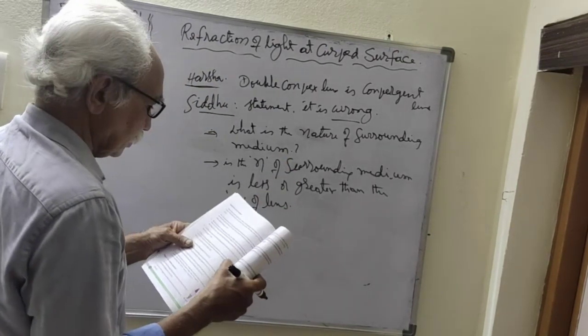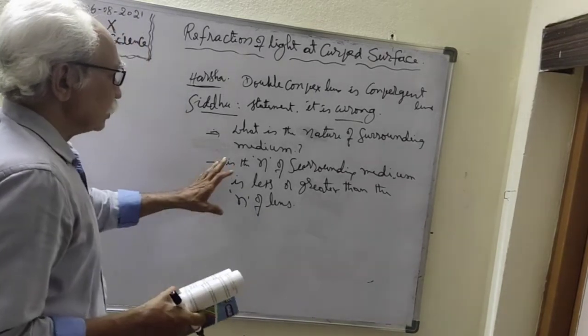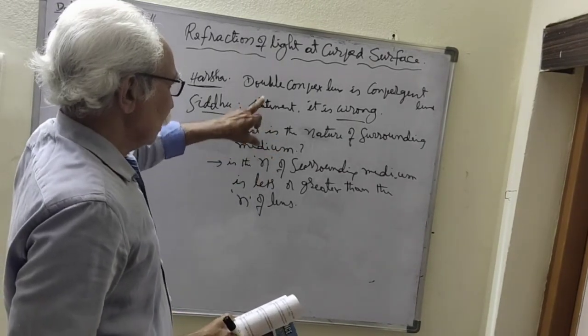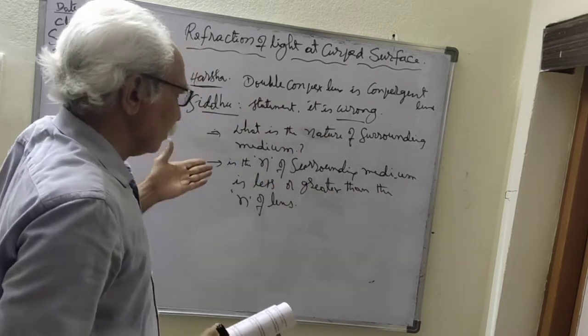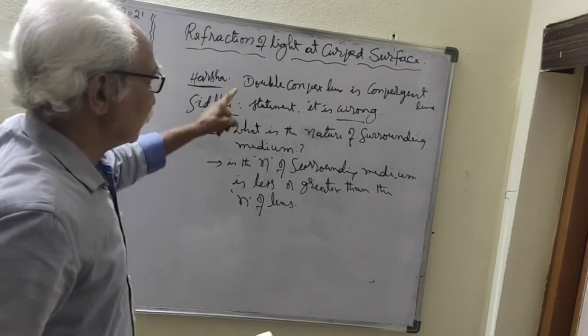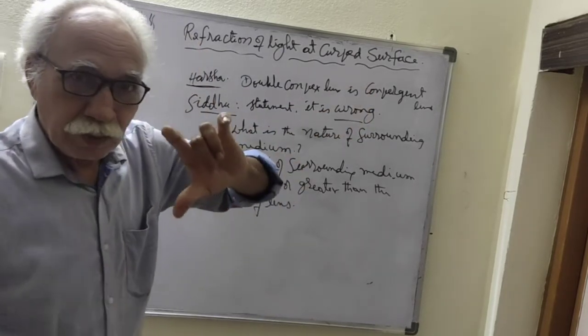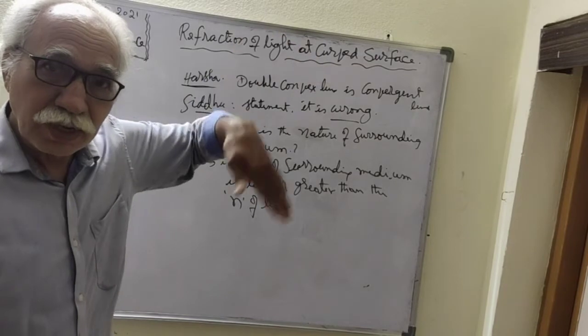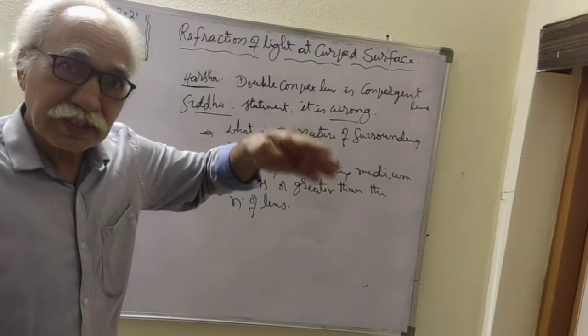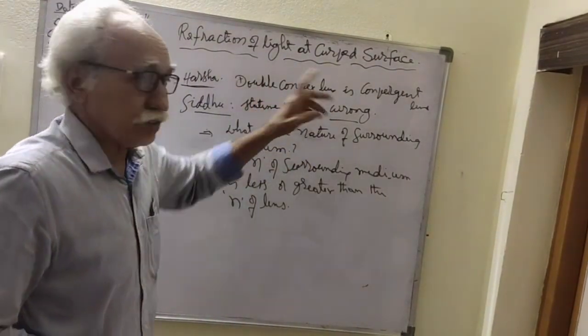So these are the questions raised, because relative to the refractive index of the lens, if the surrounding medium's refractive index is less, it is a convergent lens.